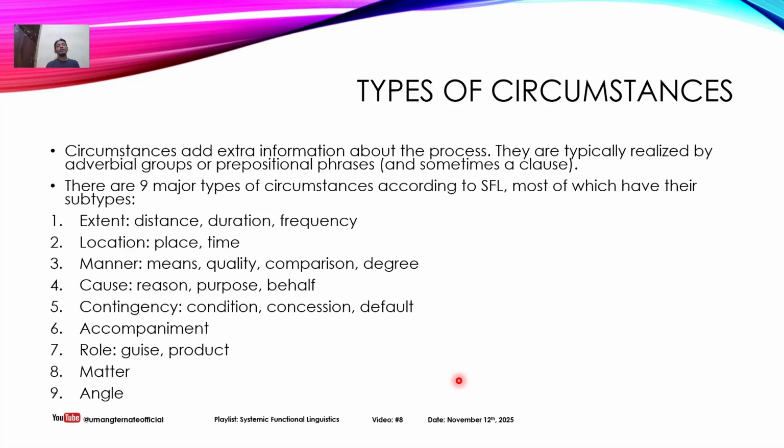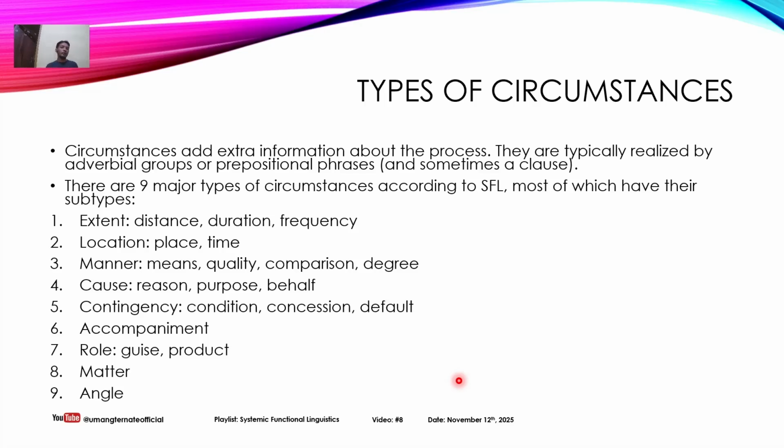Alright, now we look at the types of circumstances. Circumstances add extra information about the process. They are typically realized by adverbial groups or prepositional phrases, and sometimes they can also be realized through clauses as well.